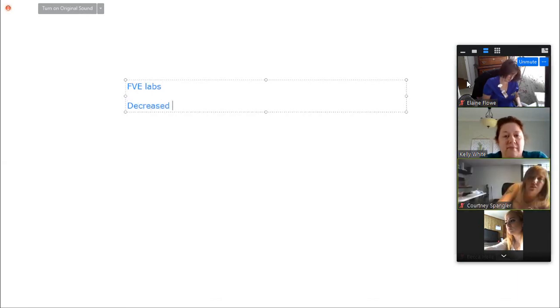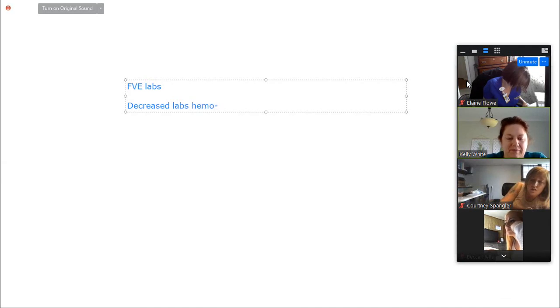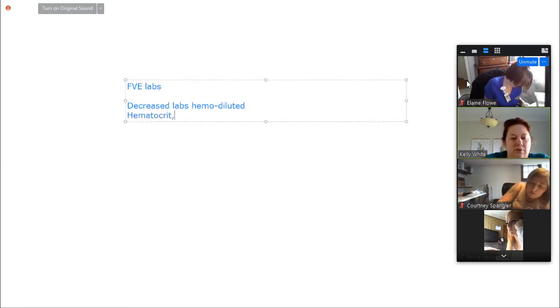Decrease. Everything's going to be decreased because we are then hemodiluted. So we're going to have a decreased hematocrit. We're going to have a decreased BUN.